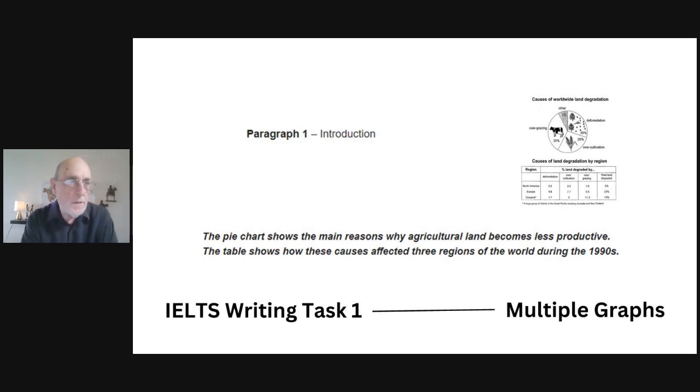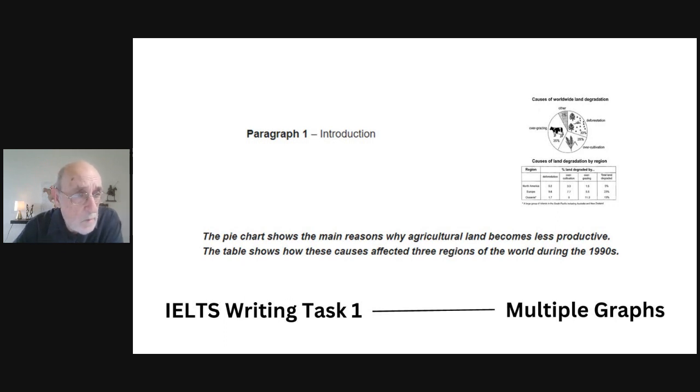As I mentioned earlier, we are given a description in the question. The pie chart shows the main reasons for why agricultural land becomes less productive. The table shows how these causes affected 3 regions of the world during the 1990s.